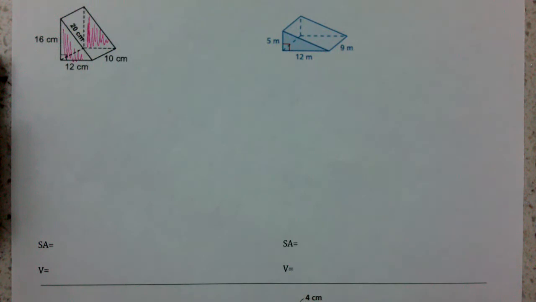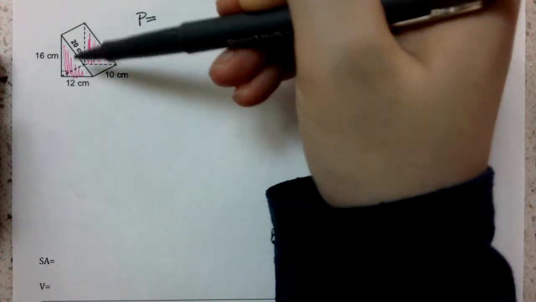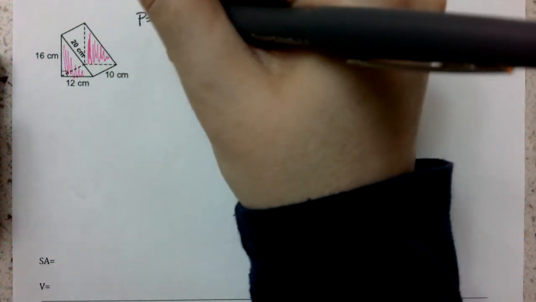And so again, I want to find all my pieces first. So P is the perimeter of the base. And these are my bases. So I'm going to add up 16 plus 12 plus 20. So I get 48.